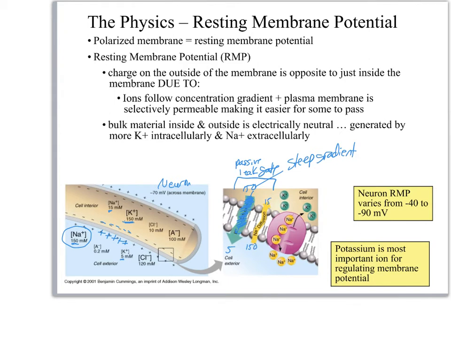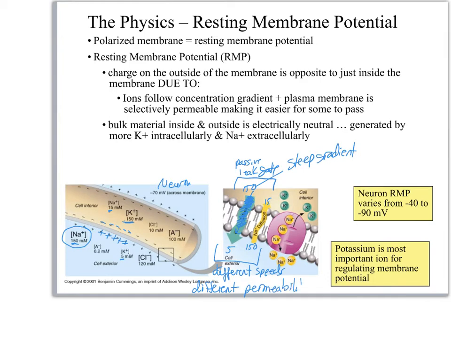Sodium's gradient is less steep, so it does not flow as fast. So not only do I have these leak gates, but they have different speeds of movement, which basically means we can say they have different permeabilities.